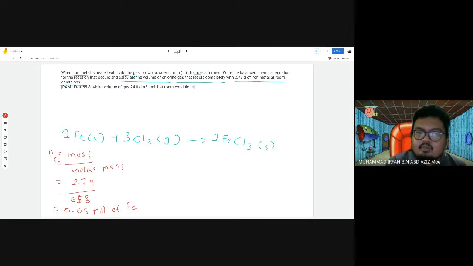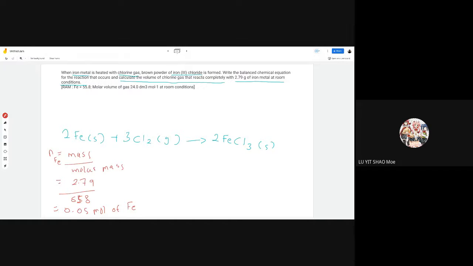Okay. So, next, apa step yang kita perlu buat after that? After you already find the number of mole of Fe. Okay, tu step 1 dah complete. Step 2, find the volume. Right, how to find the volume?